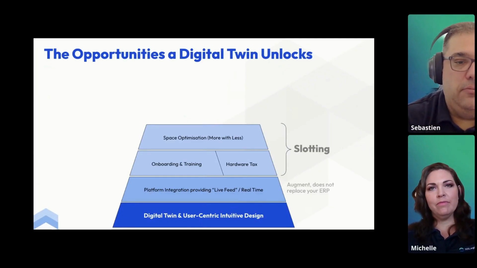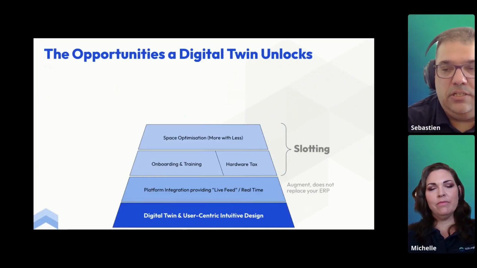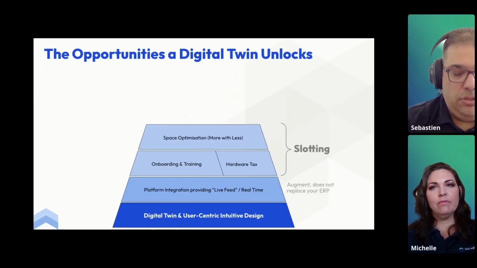And then, because we have access to this other dimension, this third dimension, if you will, we can now help you optimize space. We know exactly how much space each item takes, or each pallet. We know what space is occupied and not occupied in your warehouse.